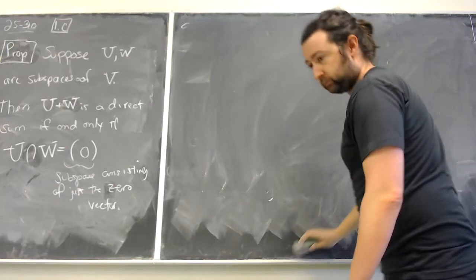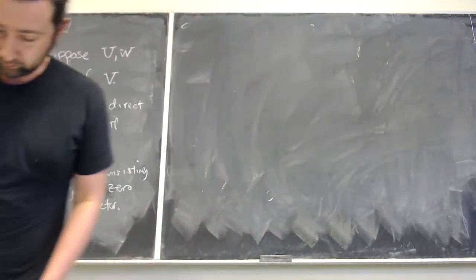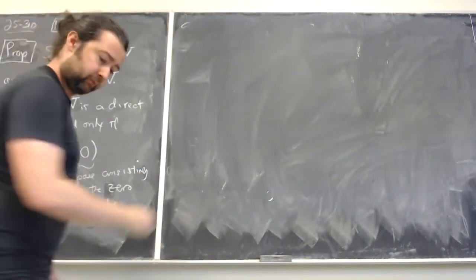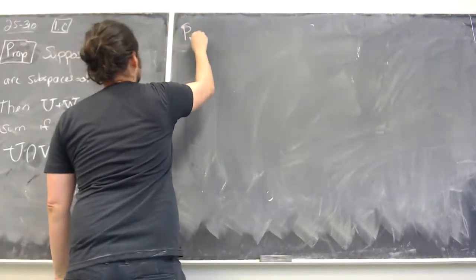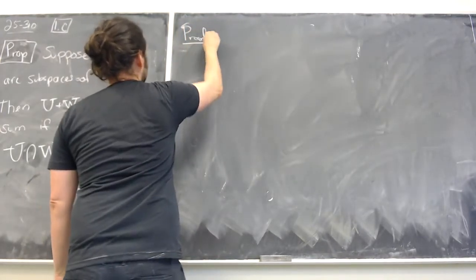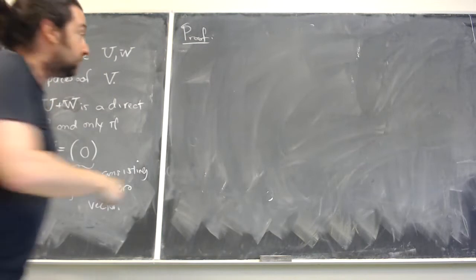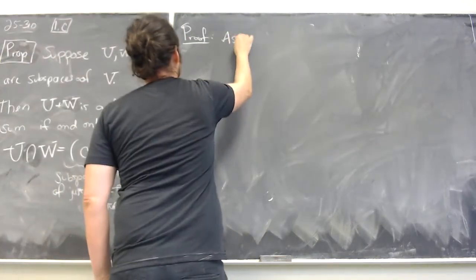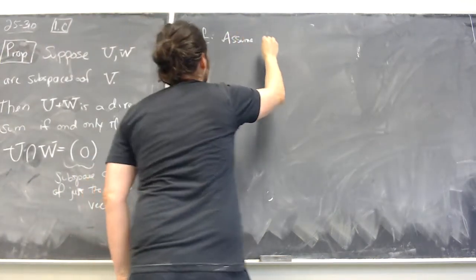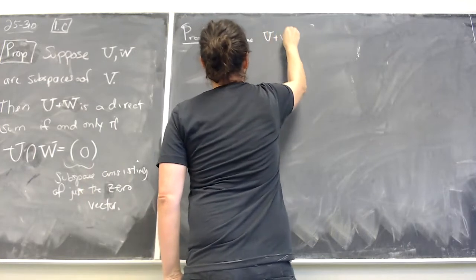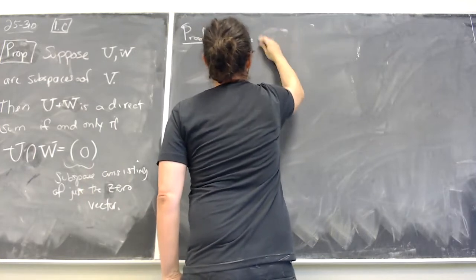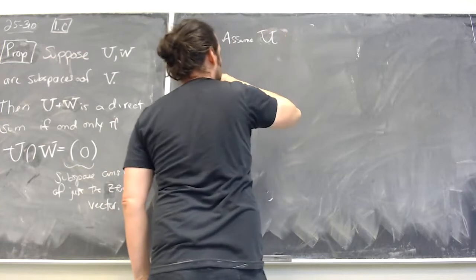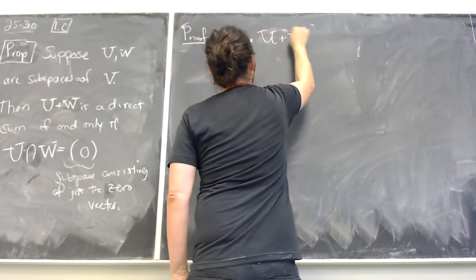Okay. This one. So assume it's a direct sum. Let's make this more clear. Even though capital U's don't have tails, I'll put it on you and make it absolutely precise.